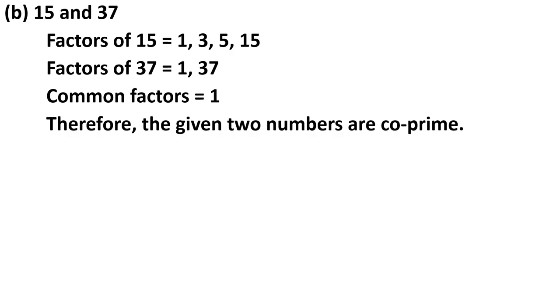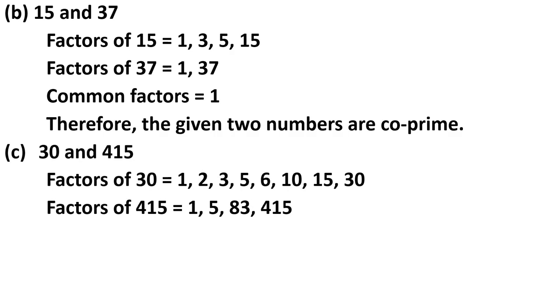See the next, C part. 30 and 415. Factors of 30: 1, 2, 3, 5, 6, 10, 15, 30. Factors of 415: 1, 5, 83 and 415.